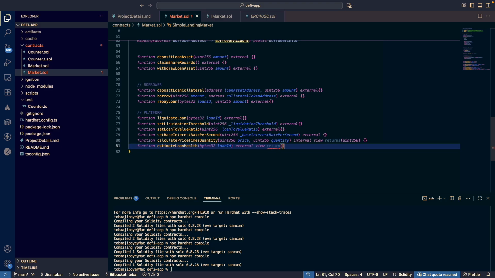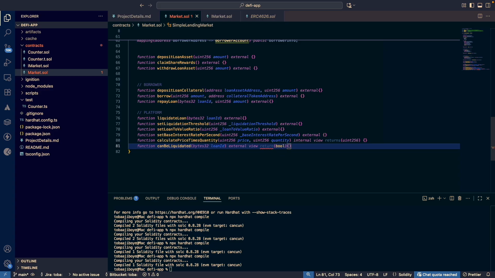Actually, should it return a boolean or should it return, for now, let's call it can be liquidated. Okay, and it's going to return a boolean.